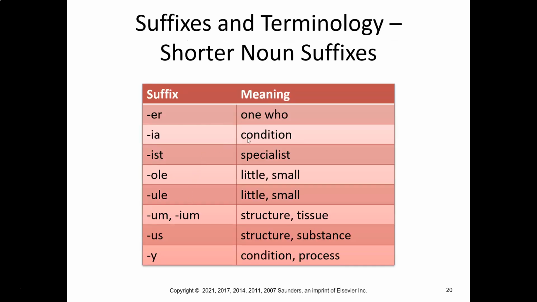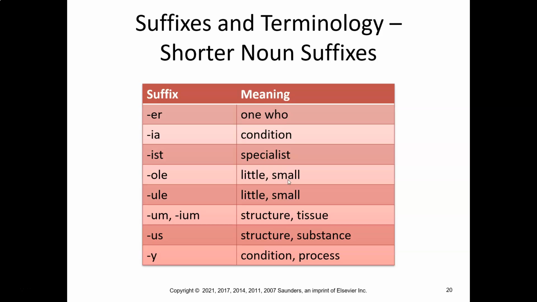Alright, er is one who. Okay. So examiner, one who examines. Ia is a condition. So pneumonia, condition abnormal of the lungs. Leukemia is a condition of increase in white blood cells. Ist is a specialist. There's tons of specialists: neurologist, orthopedist, you name it.